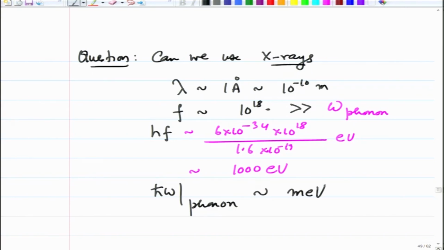So, I should be able to detect a difference of MeV in 1000 eV. So, my instrumentation has to be very sophisticated if I want to use X-rays to study phonons, and it is doable. We can do it, except my detector has to be such that out of 1000 eV, if there is a difference of MeV range, I should be able to detect it.